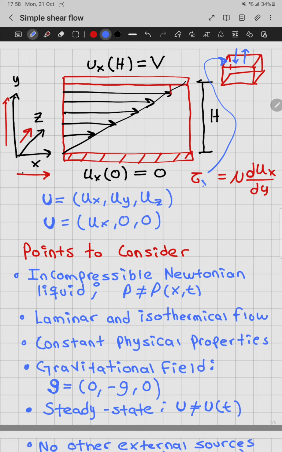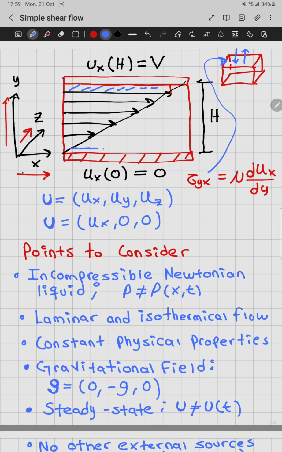So let me rewrite this. So here I'm representing some layers of fluids. That's why I draw these lines. So the layers of fluids that are close to the top plate are going to move with a velocity uv because they are very close in contact with the top wall.